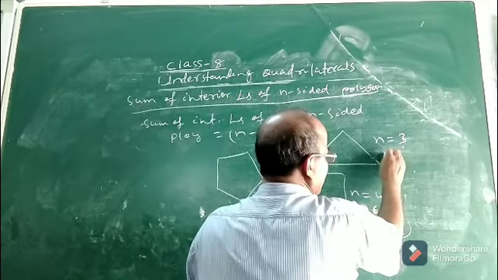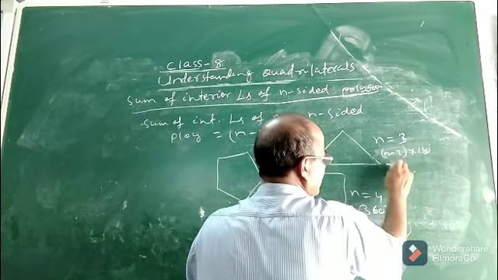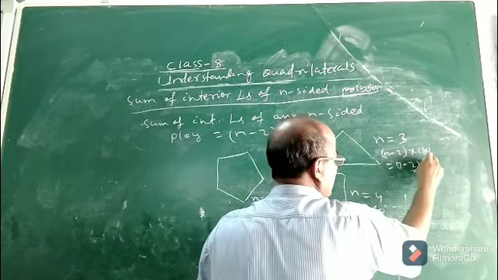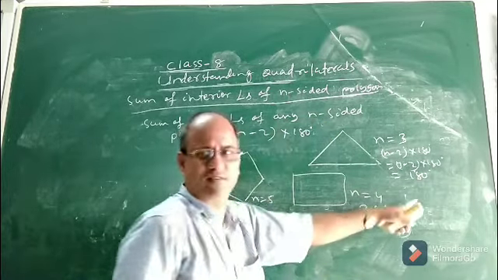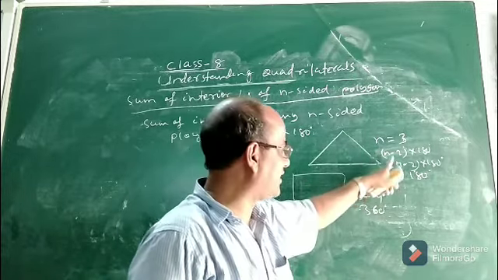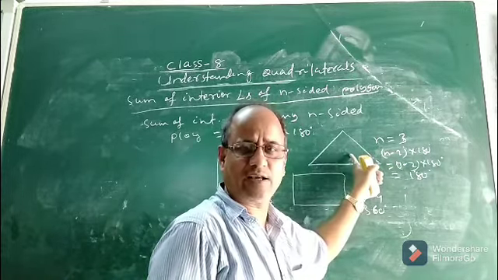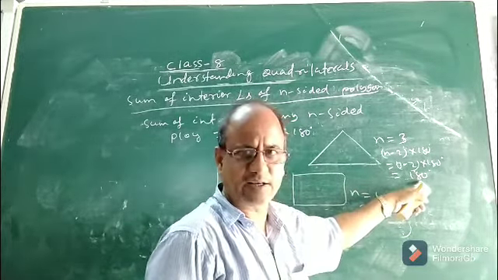That means (3 minus 2) into 180. Is it equal to 180 or not? Yes. So in case of triangle, n is 3, and it is coming 180 degree.